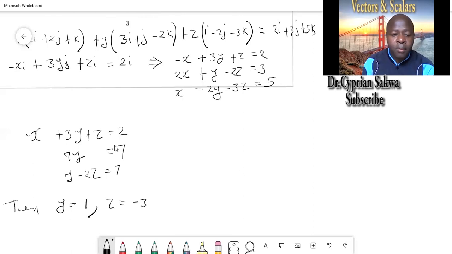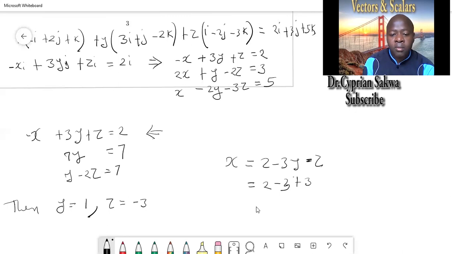And then proceed to this equation here and substitute in y and z. So what we have is that x equals 2 minus 3y minus z. But we know that y is 1, and we also know that z is negative 3, and there's a negative here, so it's plus 3.